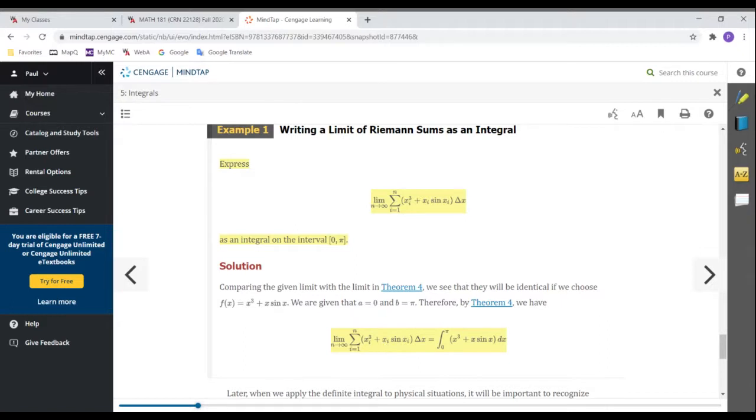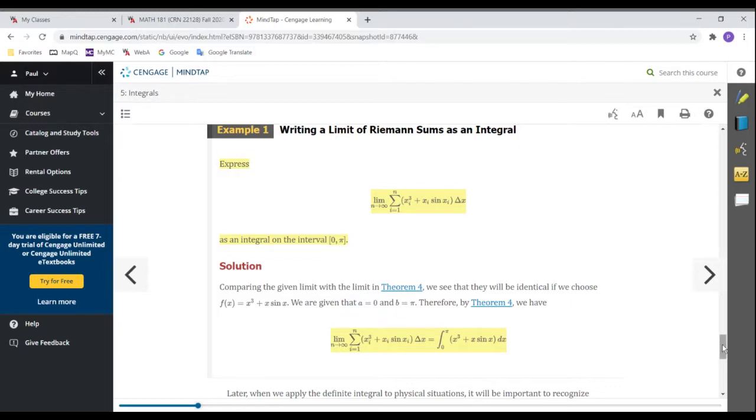So what they're doing in example 1 is getting you comfortable with the fact that the limit of a Riemann sum, of that summation, is just equal to the integral itself.